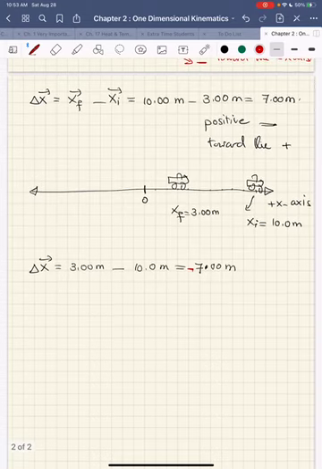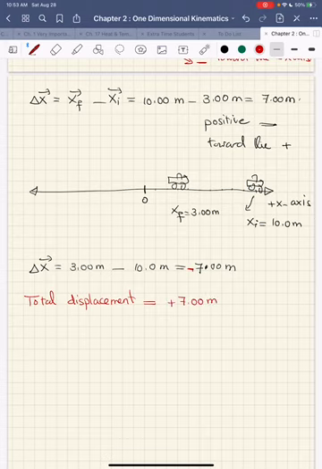Now, if I want to calculate what is the total displacement here, this means I will have x, the first one, which is plus, minus the second one, and that is 0. Then the displacement can be positive, it can be negative, it can be 0 as well.